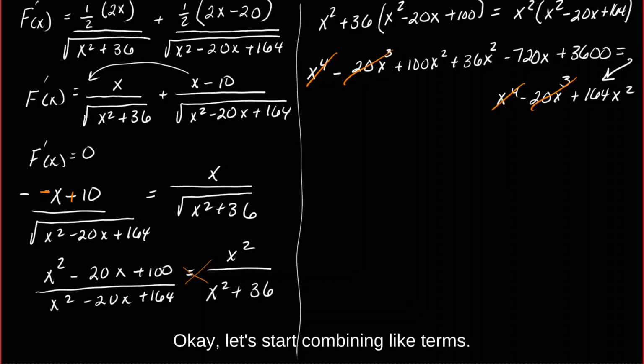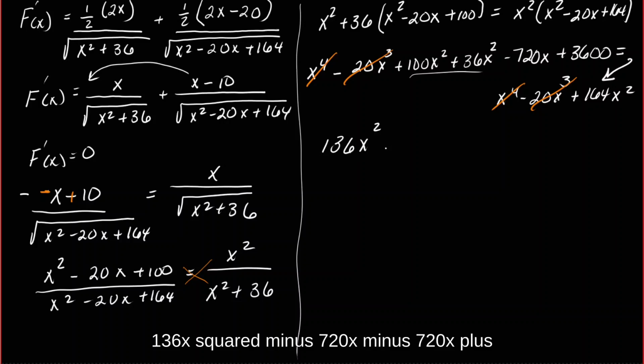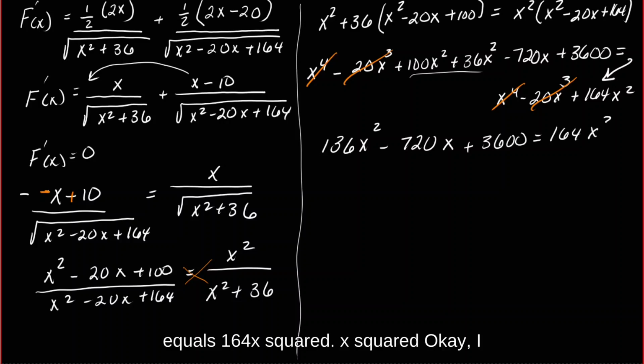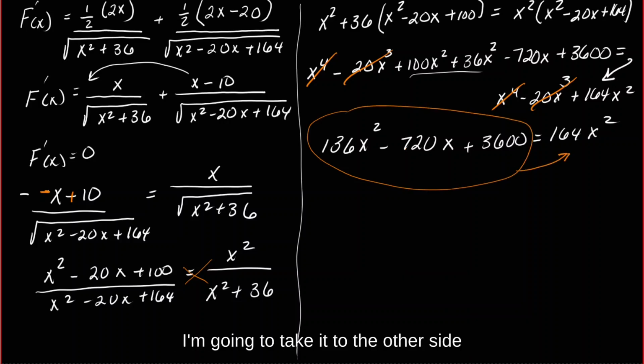Let's start combining like terms. Adding these two, I get 136x squared minus 720x plus 3600 equals 164x squared. I like working with positive numbers, so I'm going to take all of this to the other side.